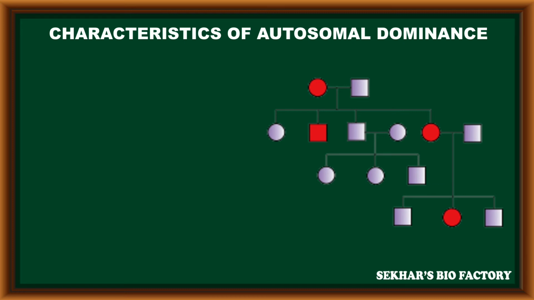And one more important thing: if the affected parent is homozygous, all offspring will be affected, but here only 50% of offspring are affected and the remaining 50% are unaffected, so the parent has a heterozygous condition. So this pedigree chart is identified as autosome-linked dominant. For example, myotonic dystrophy is an autosome-linked dominant disorder.